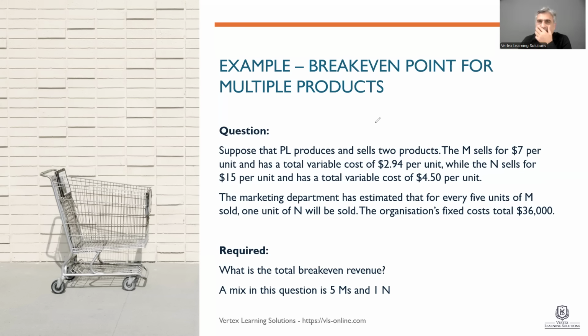I'm always looking at my selling price and variable cost so that I can calculate my contribution, and because I need to calculate my weighted average contribution and my weighted average mix, I need to know how many M and how many N. It means that for every 5 M, you are going to sell 1 N. So the ratio between M and N is 5:1. Okay, so we got this information.